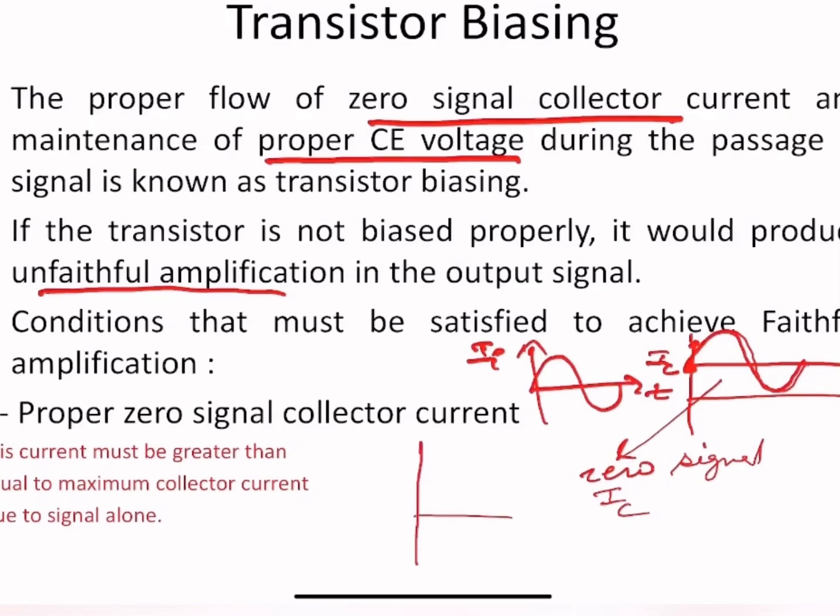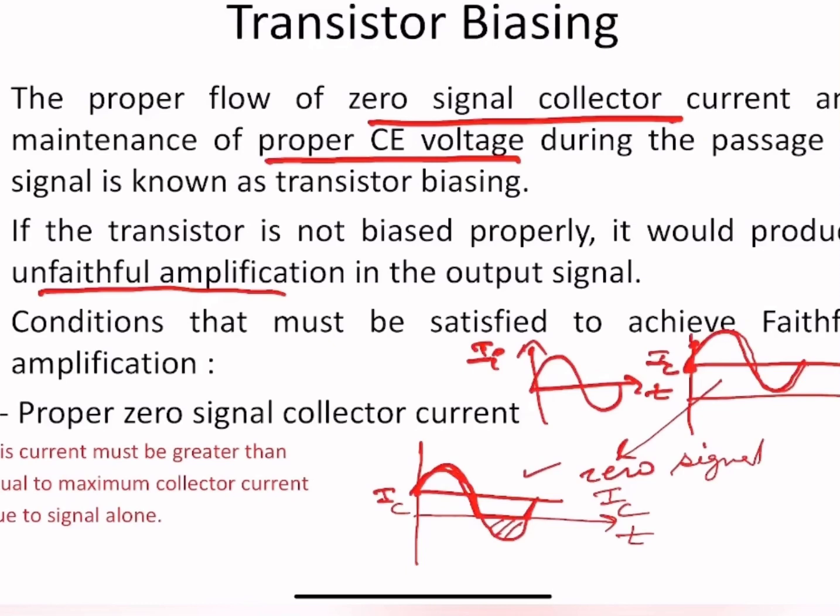But if IC is this value, then the signal will amplify in this way. This portion would be cut off, and we get this shape of the signal, so the shape of the signal changes. This is called unfaithful amplification.